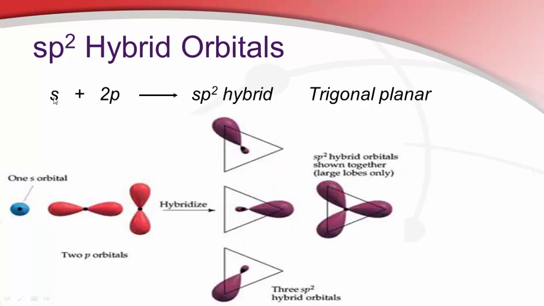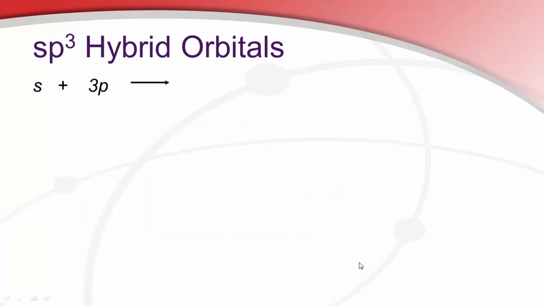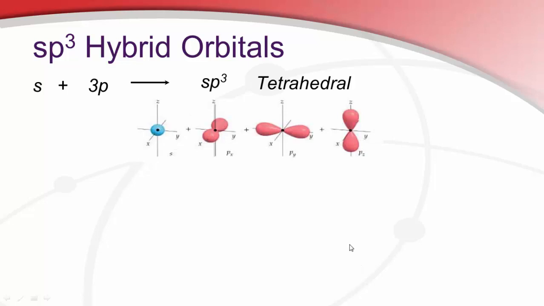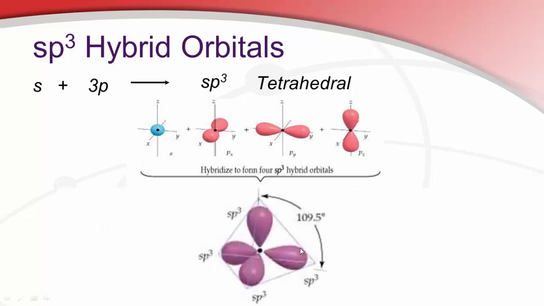We can combine an s with 2p to get sp2 hybrids, which then the way to maximize the distance between these is in a trigonal planar arrangement. We have our sp3. Here's another representation of it. The s plus the 3p orbitals combine to form this kind of shape.